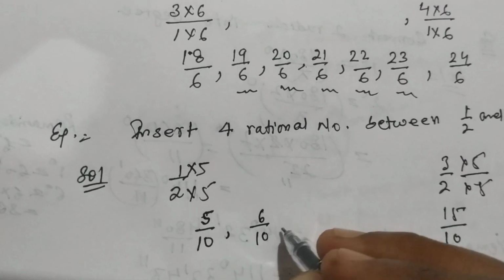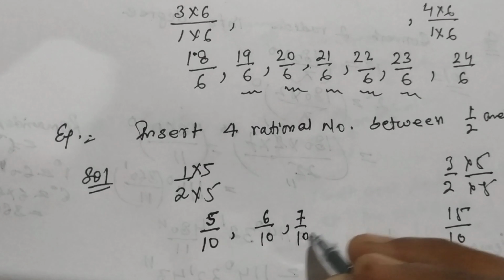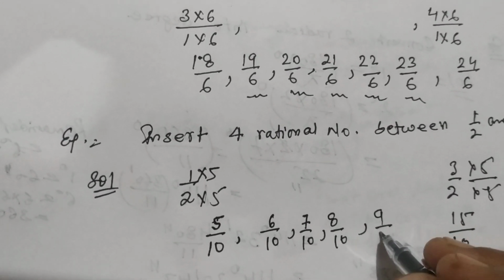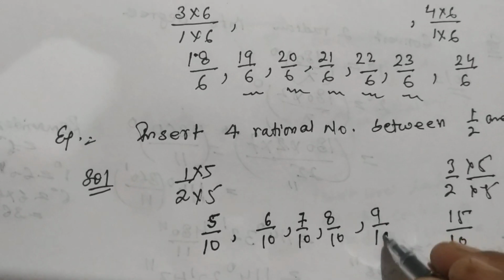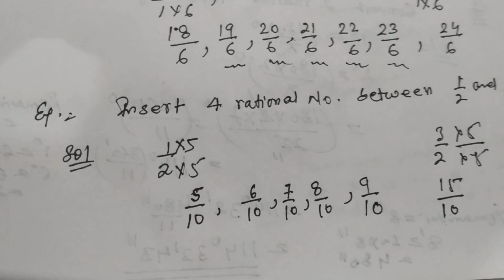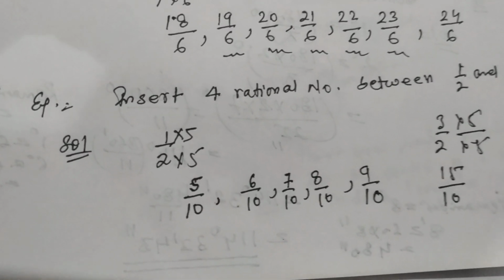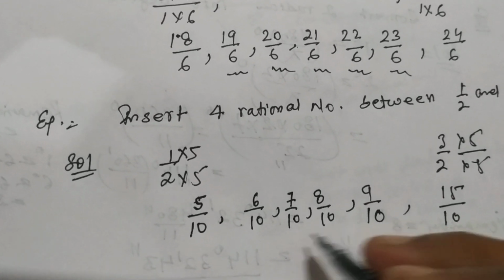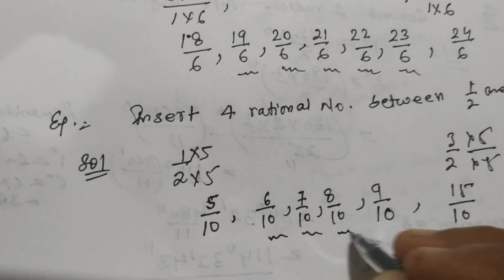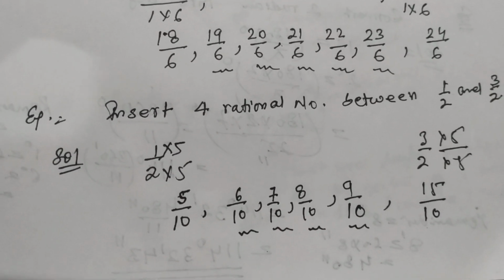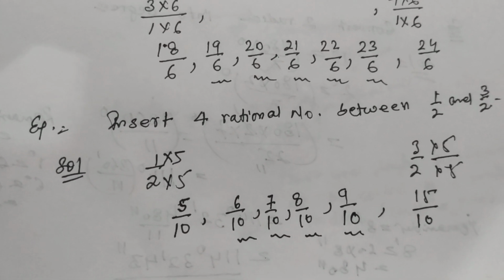That is 6 upon 10, 7 upon 10, 8 upon 10, and 9 upon 10. These are the four rational numbers which lie between 1 upon 2 and 3 upon 2.